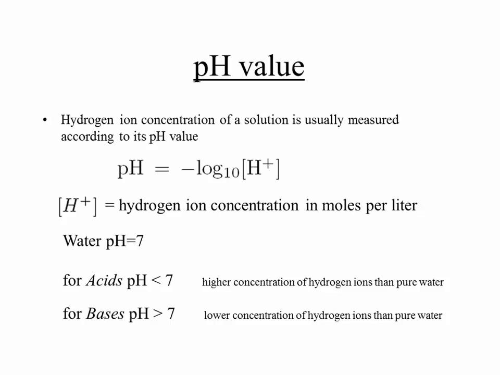If you're looking at pure water, that has a hydrogen ion concentration of 10 to the power of minus 7 moles per liter. You plug it into this formula, you get a pH of 7. That's pure water. If it's an acid, the hydrogen ion concentration will be higher, so the pH will be less than 7. If it's a base, the hydrogen ion concentration will be lower, and so the pH will be greater than 7. Any questions so far?